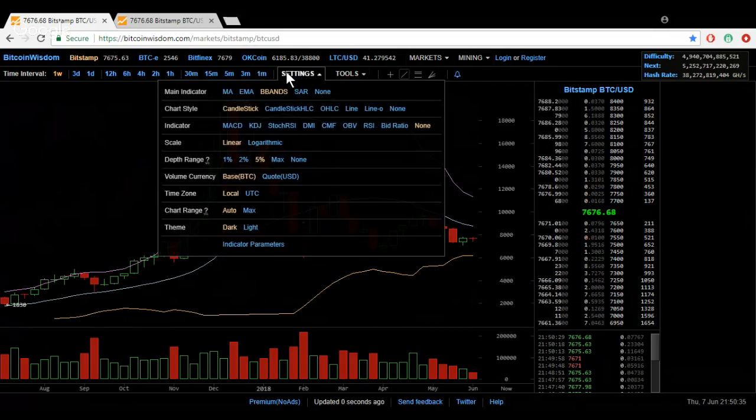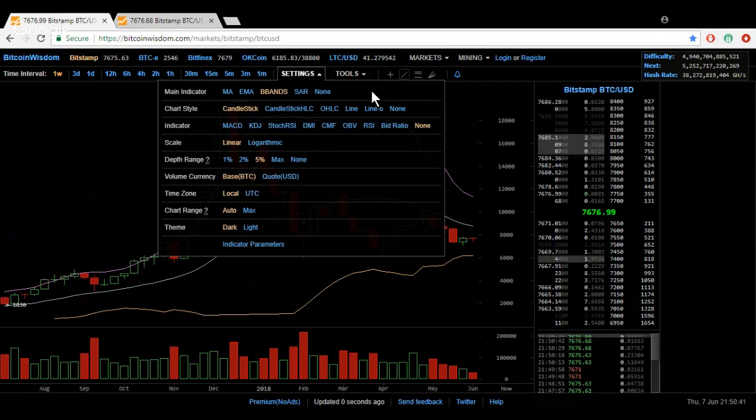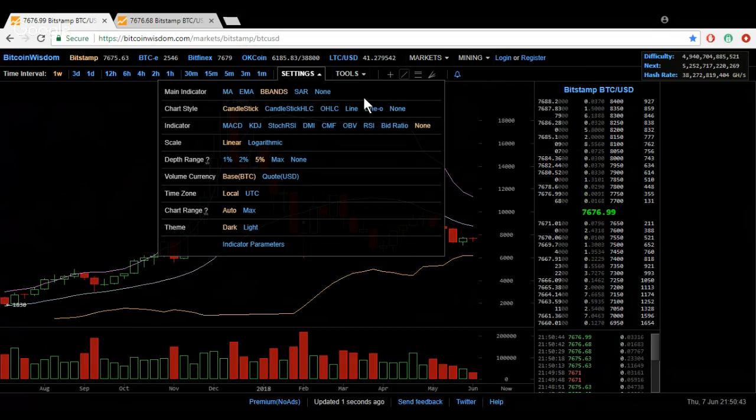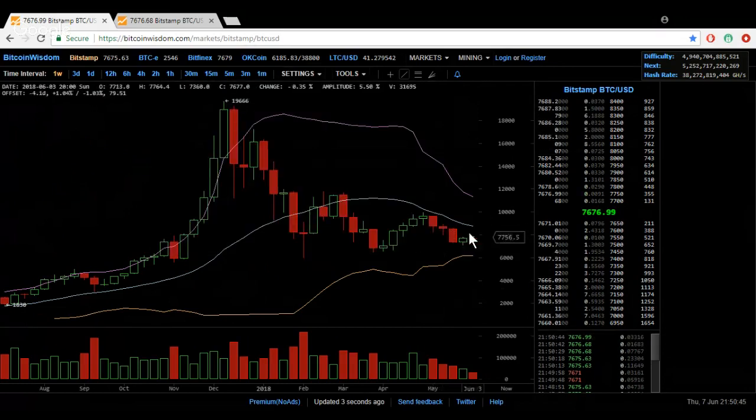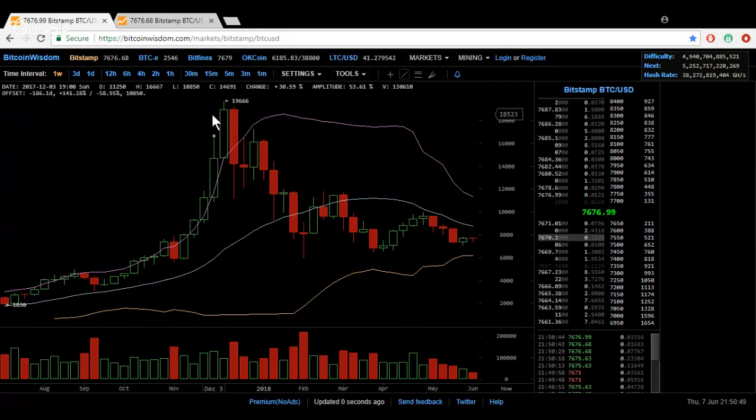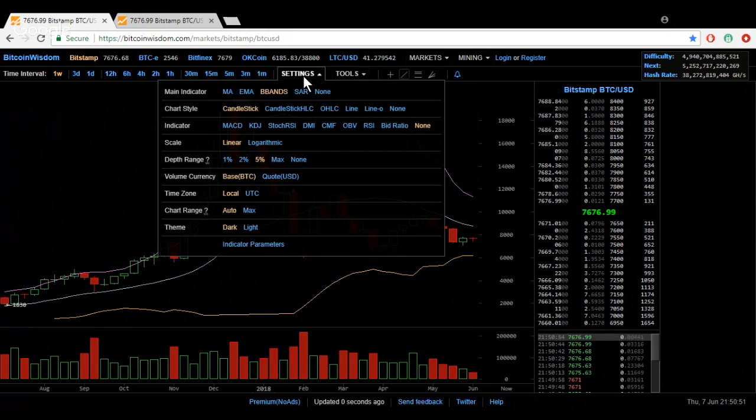Okay, I'm going to take the Bollinger off. It hasn't changed in weeks and really won't until price breaks either above this line or below this line. And then if it does either of those things, we will discuss it.